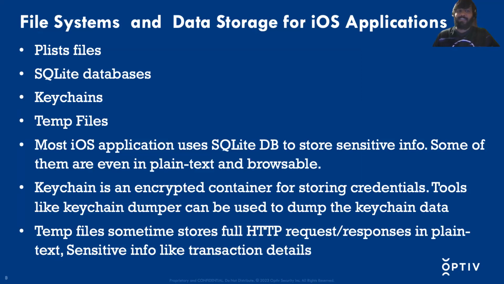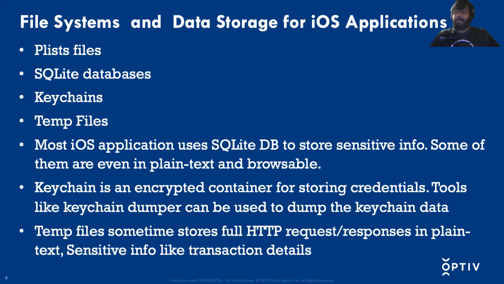Let's talk about file system and data storage for iOS application. So what else can you look at on the iPhone when you assess an application? As we discussed, the plist files are the files that have key value pairs for the application resources. Other than that, you can also look at the SQLite database.